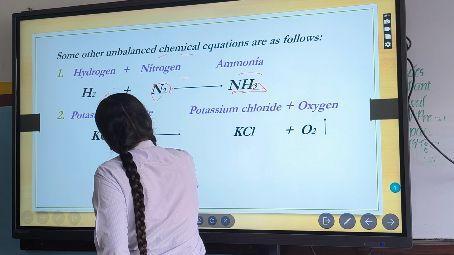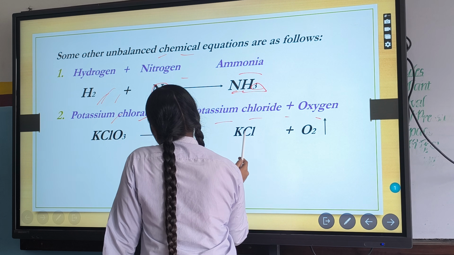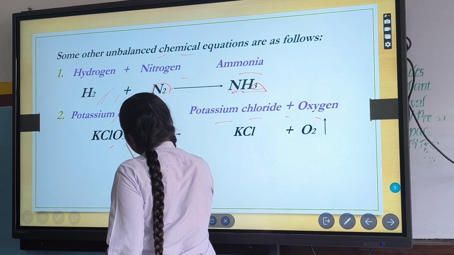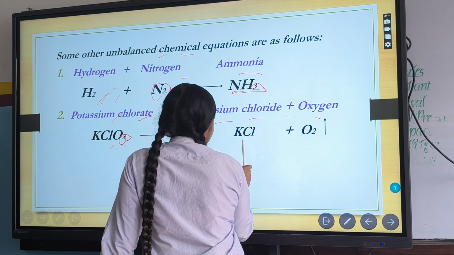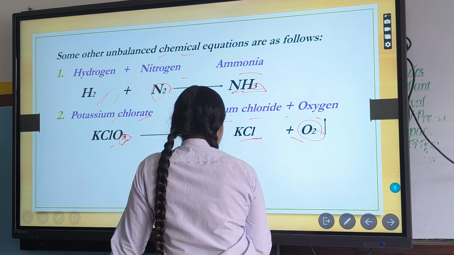Potassium chlorate gives potassium chloride plus oxygen. Here is 3 oxygen, and here is only 2 oxygen.